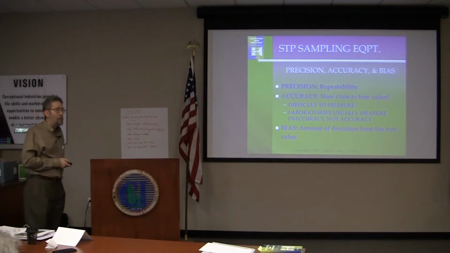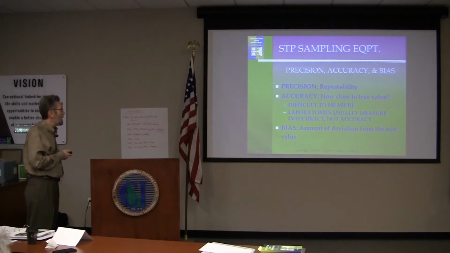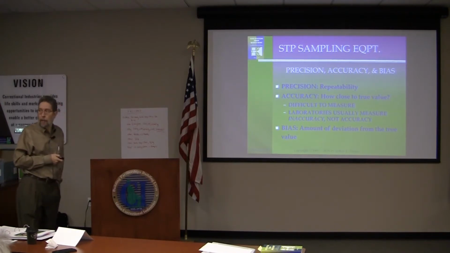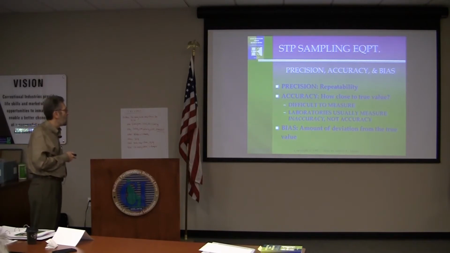And so it's a guessing game. As it turns out, and this is not their fault, laboratories can measure repeatability easily, and so they measure inaccuracy, not accuracy, a lot of the times. And they do that not only with instrument repeatability, but by looking at blanks and reference materials and spikes and things like that, duplicates and so on.